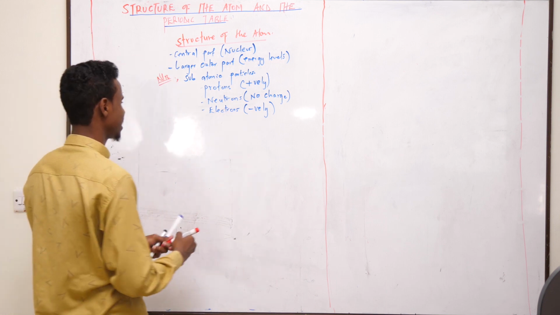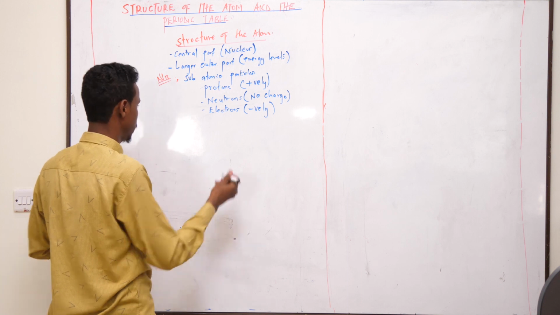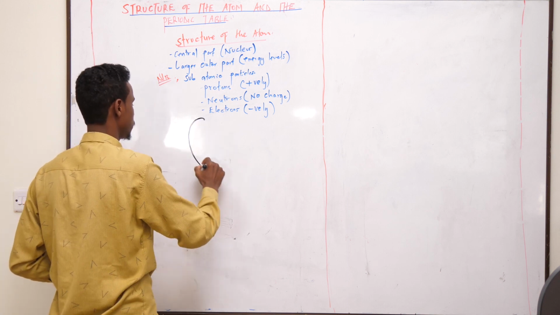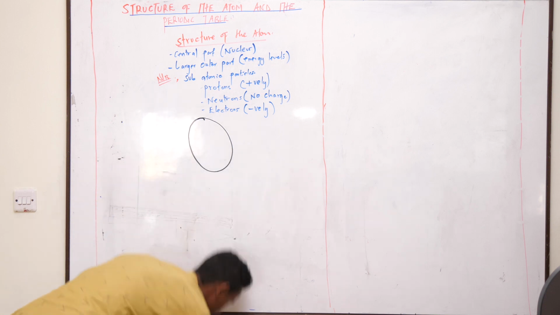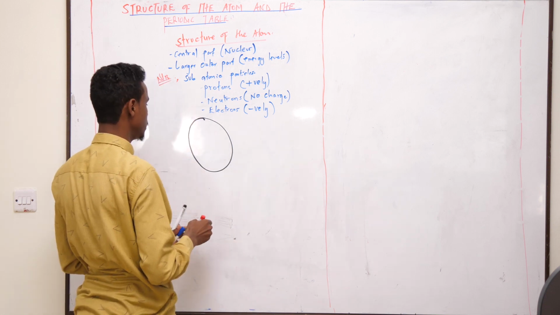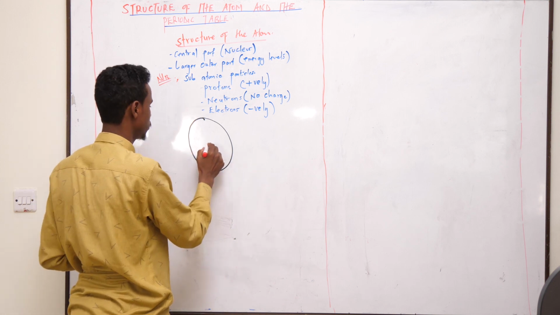Now, if I sketch a rough structure of the atom, an atom simply looks like this. This is the structure of an atom, just a rough sketch.